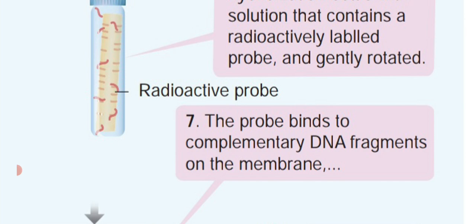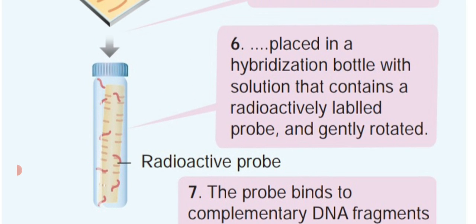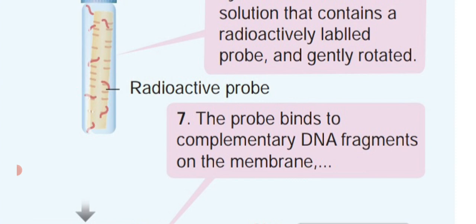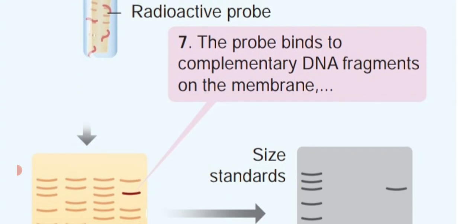After fixing the membrane, we place it into the hybridization bottle with a solution that contains the radioactivity labeled probe. Probe means a small sheet that has already been subjected to the radioactivity process, so that the DNA fragments attach to the radioactively labeled probe, and they are gently rotated so that the probes bind to the complementary DNA fragments on the membrane.